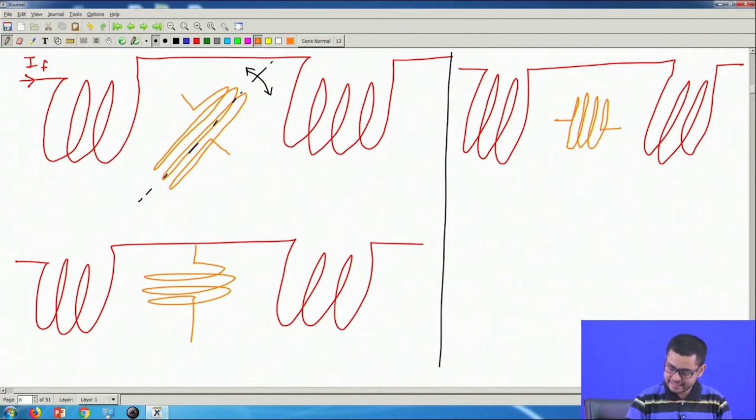You see that in this case, the two sets of coils are aligned, their directions are aligned. So, the flux linkage between them will be very high. The flux lines will link them very well.